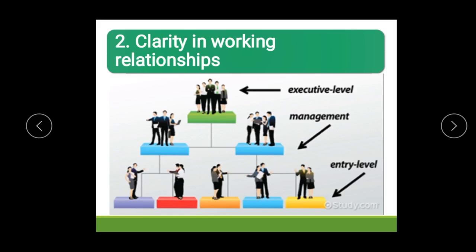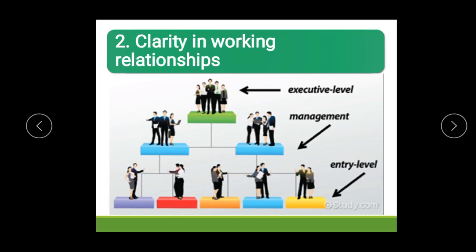The second importance is clarity in working relationships. Because in organizing, we have already decided a framework of authority and responsibility relationships, that is, who will give the instructions to whom and who will be responsible to whom.